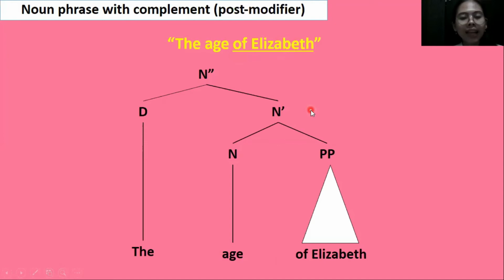So when we apply the complement rule, we know that the complement will always be the sister of the noun and also the daughter of N-bar.